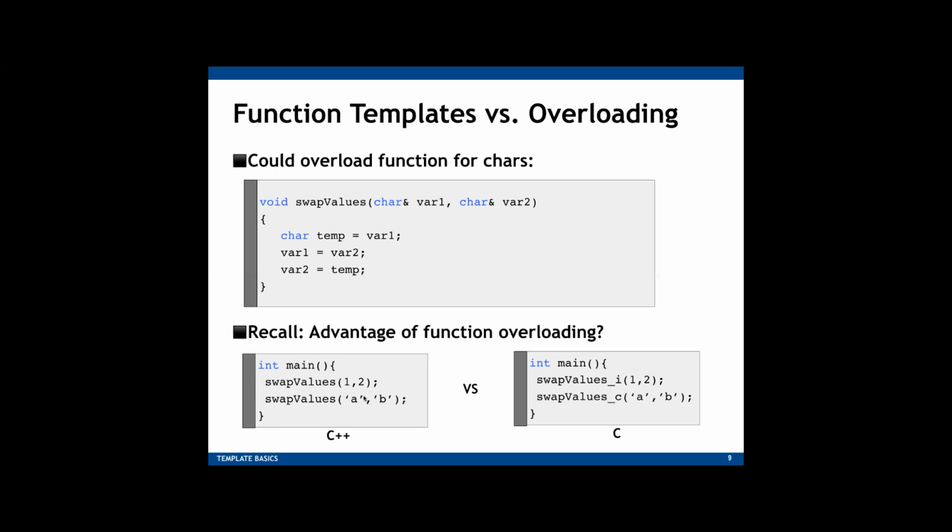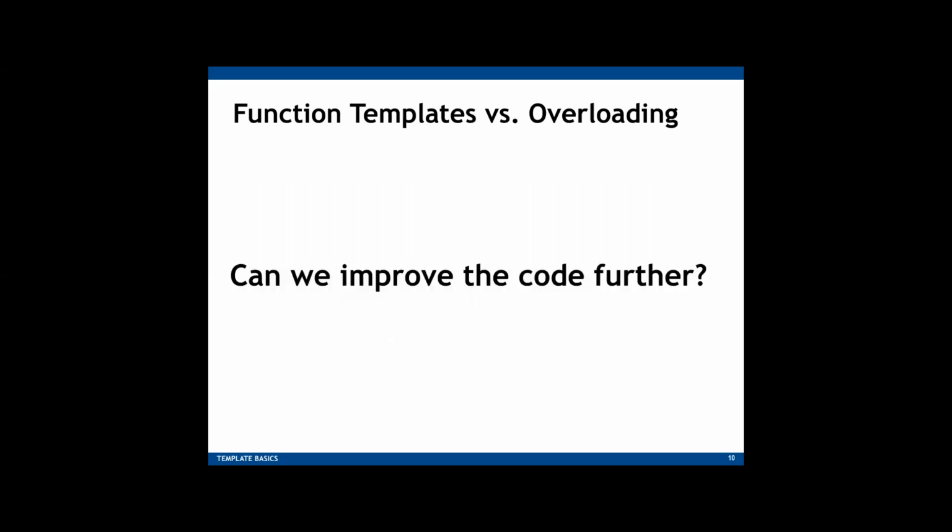We are not developing two different functions for dealing with integer arguments and character arguments. We are using one function. So we improved the code, but can we improve the code further? Yes, we can improve the code further.